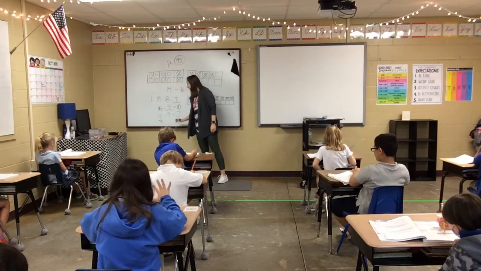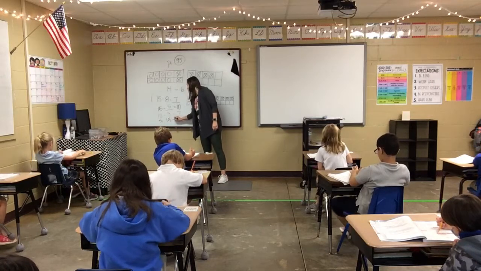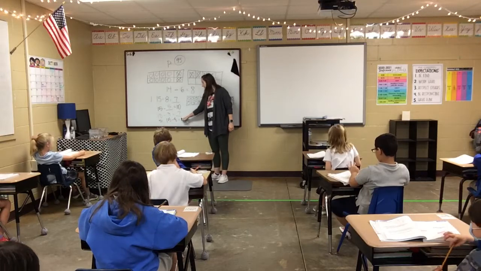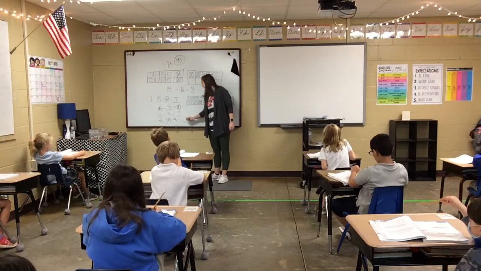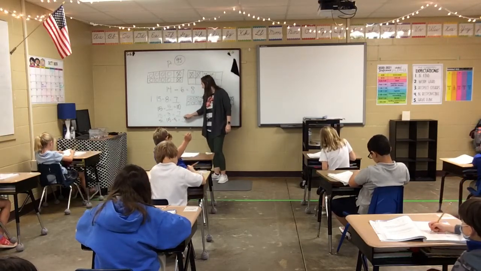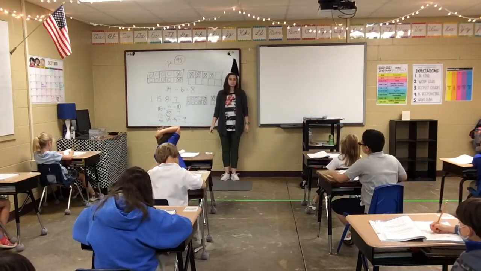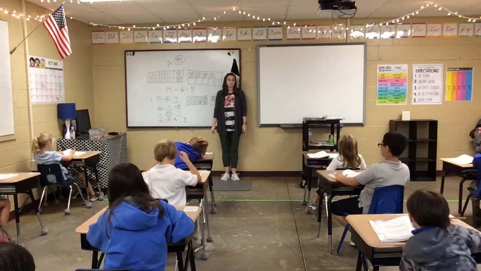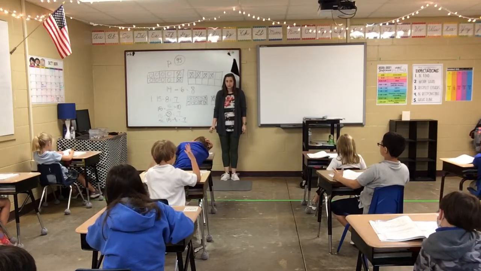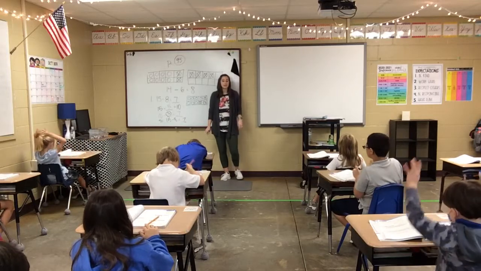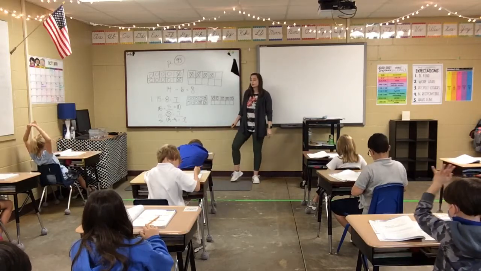So, 15 minus 8 equals what? 7. Okay? Now, where did we get this 3 from? Brock? From the 10 frame. No, not from the 10 frame. Where did we get the 3 from?